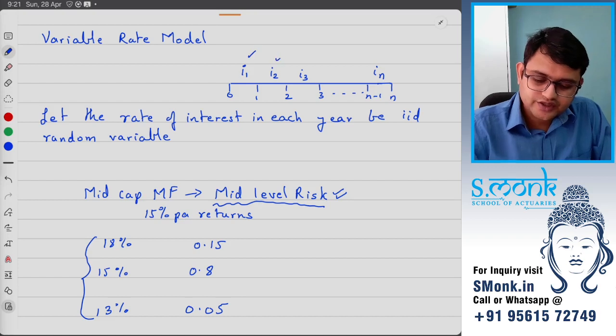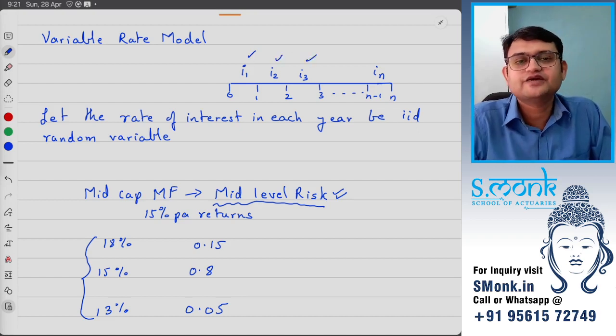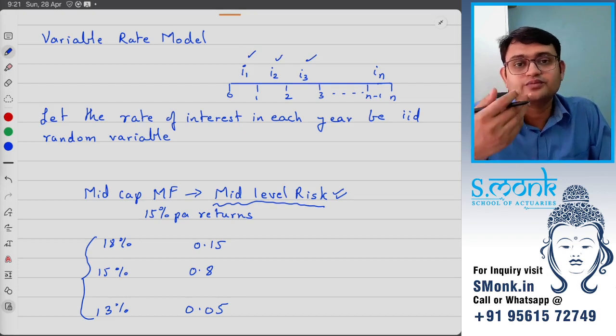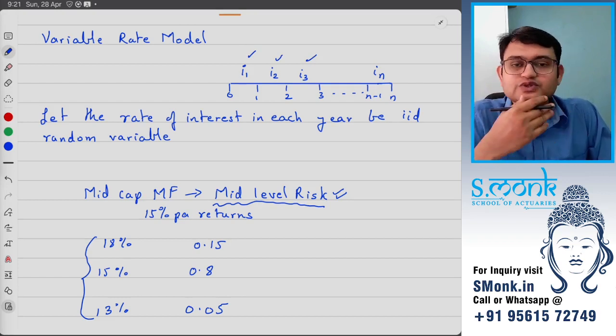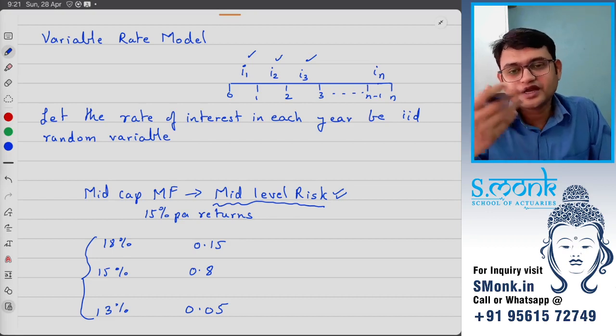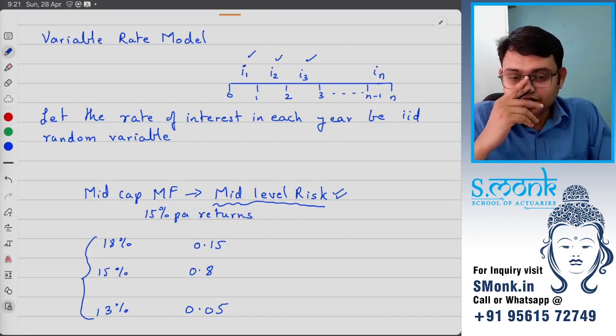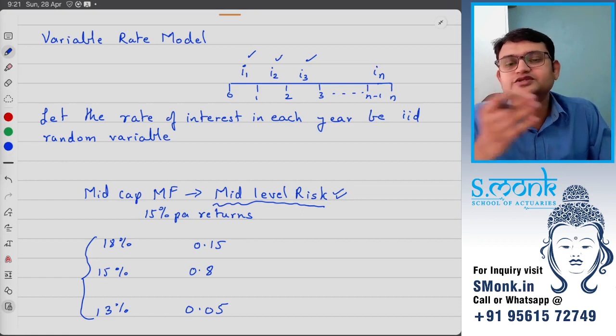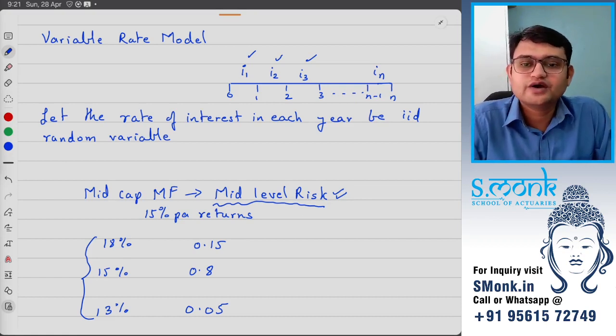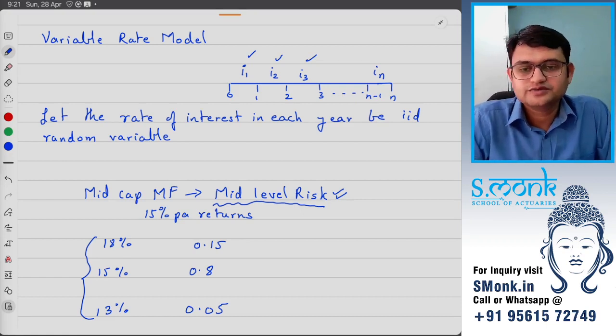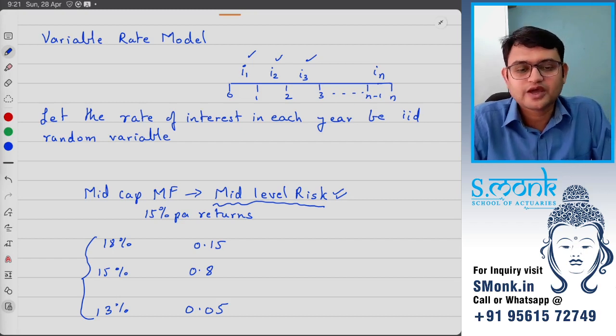So each year the rate of interest might be slightly different from the previous year, and it might be independent, although it may not. Last year the mutual fund did well, so maybe the manager has confidence that my strategy is working, so maybe this year he will also have a better result, right? That may also happen.